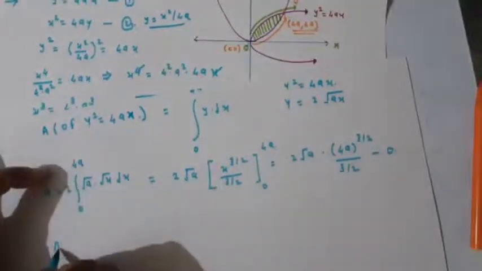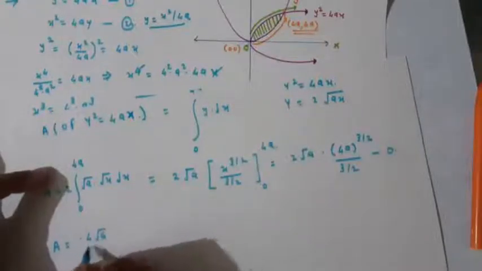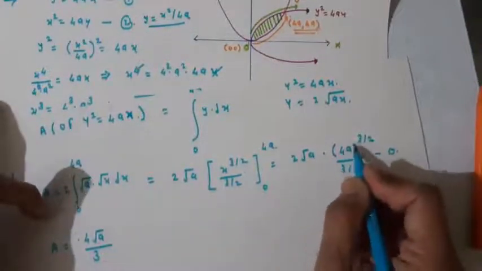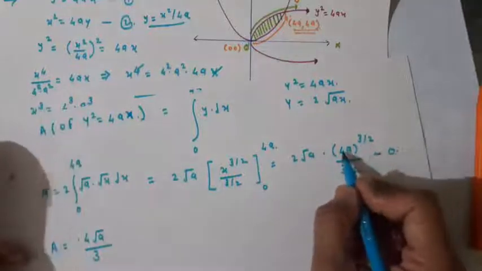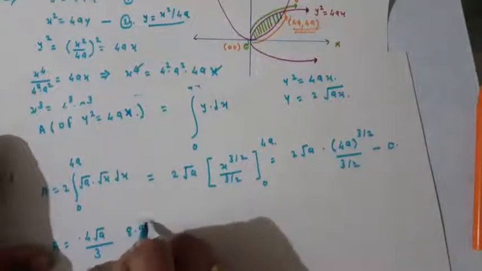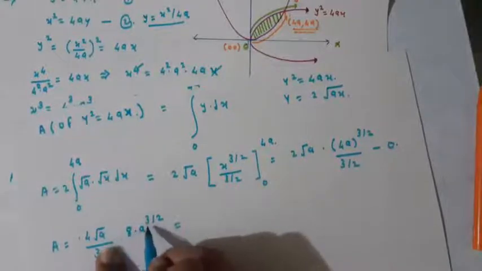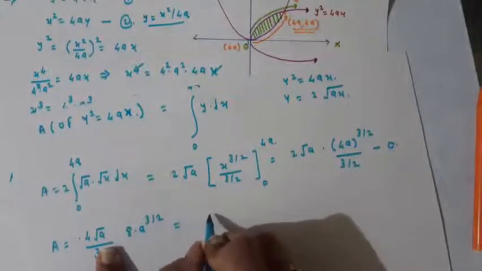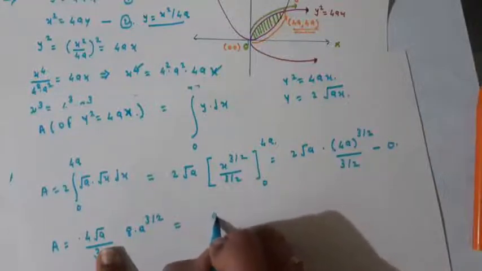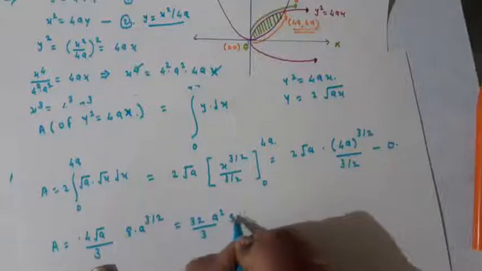Okay, and area equals 4 root a upon 3 multiplied by 2 raised to 3 by 2, that is 4 raised to 3 by 2 means 2 raised to 3, which is 8, a raised to 3 by 2 into a raised to half. This is a raised to 4 by 2, and this is a square. A square, 8 into 4, that is 32 by 3 square units.